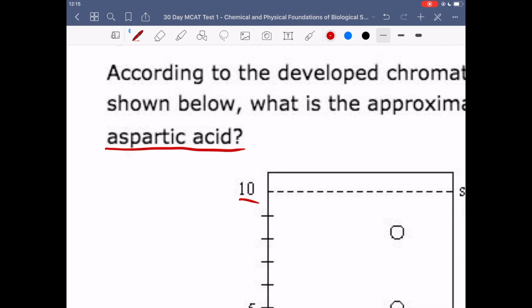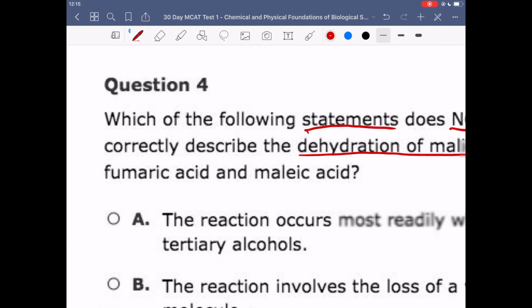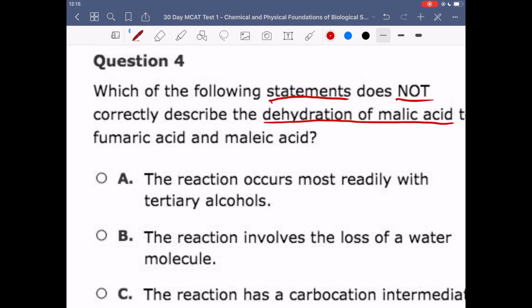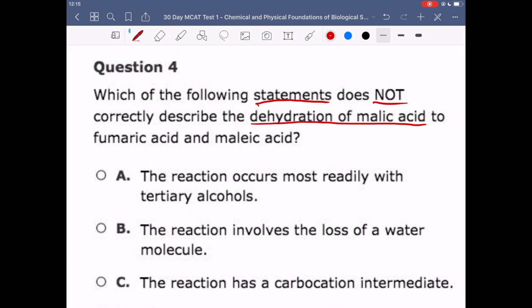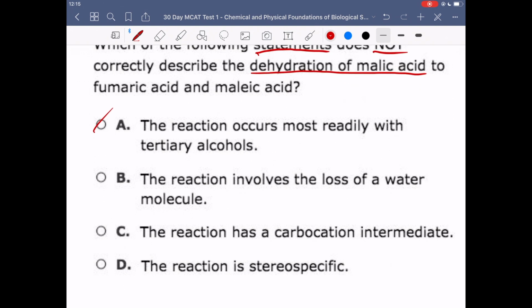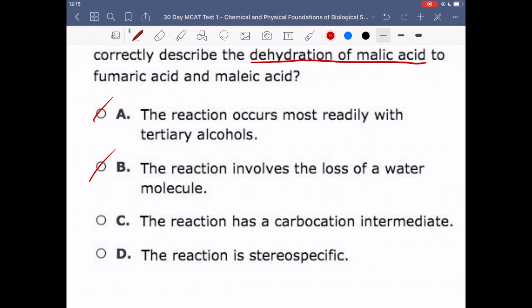Yeah, why not? It could occur readily with tertiary alcohols. That's not something that's really incorrect. Option B is saying the reaction involves loss of a water molecule. That is, yeah, the definition of a dehydration reaction.